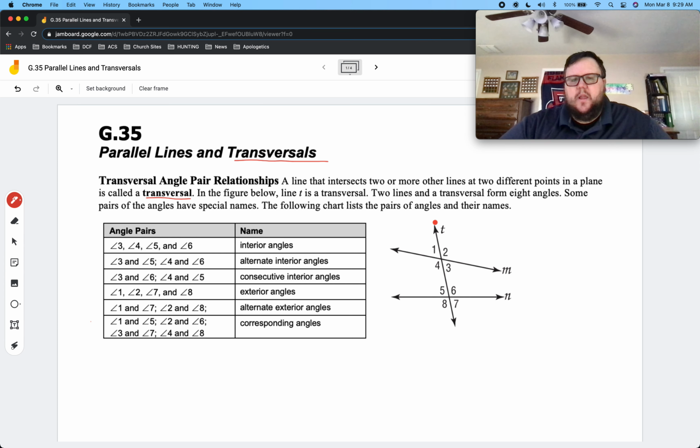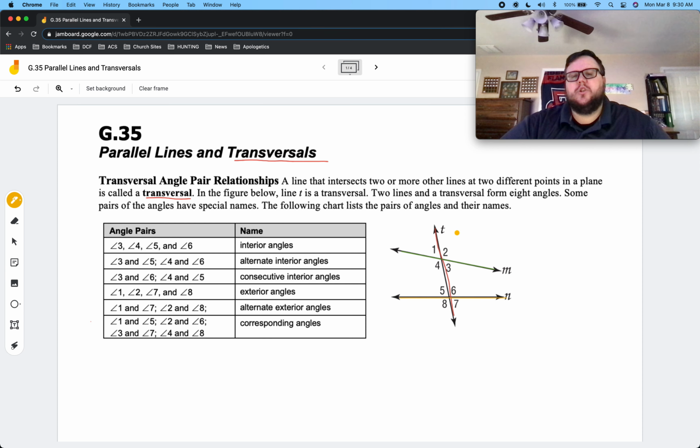So, line T here is a transversal because it's cutting through two different lines. Line T is cutting through line M, which is here, and line N, which is here, and it's cutting through at two different points.